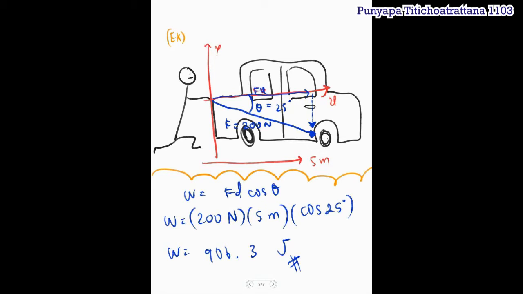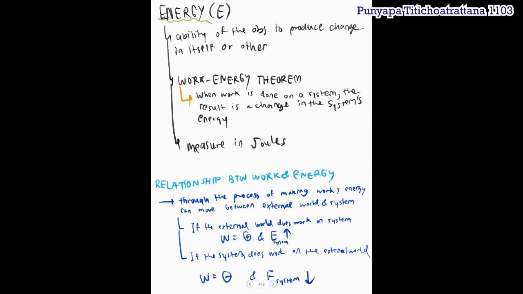The force is equal to 200 newtons, and the angle is 25, so we can use the formula W equals F d cos theta. F is 200, distance is 5, and cos theta is cos 25, and the final answer for the work in this visual is 906.3 joules.